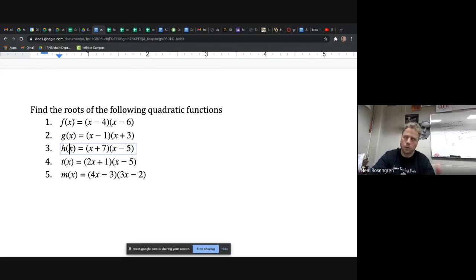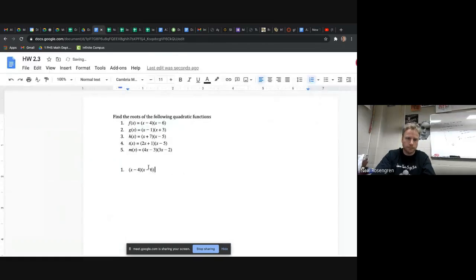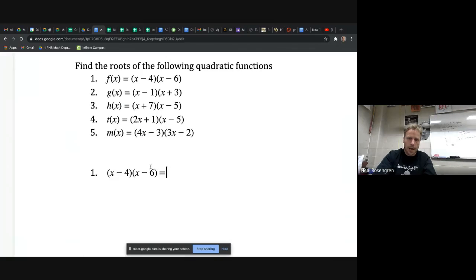Y equals. And if I'm on the x-axis somewhere, then y is 0 because I haven't gone up or down at all, right? So what I can do is take this part of the function, just the factored part, and I would set it equal to 0.